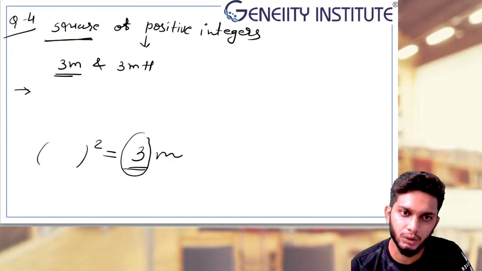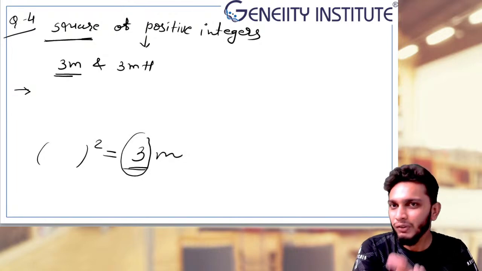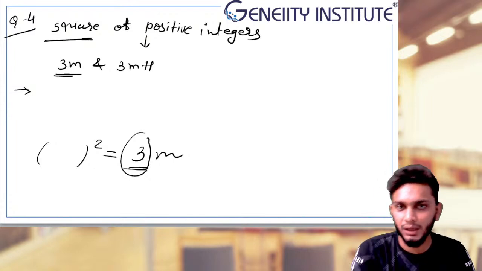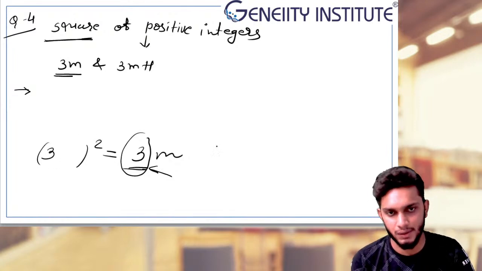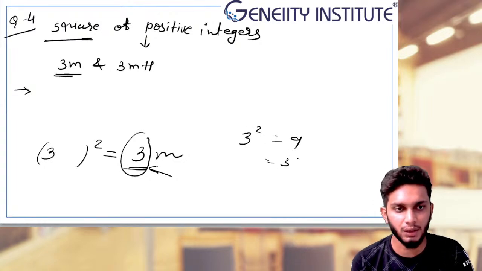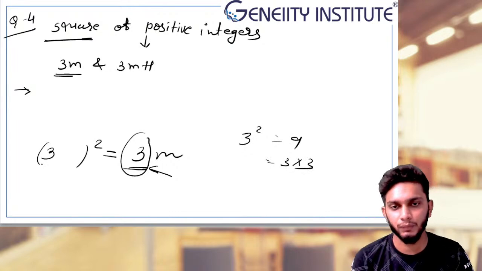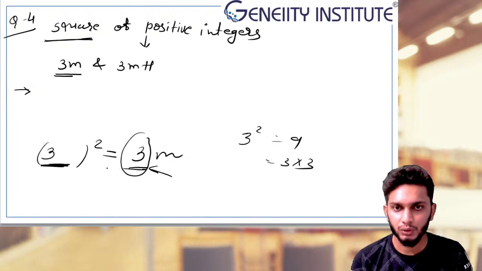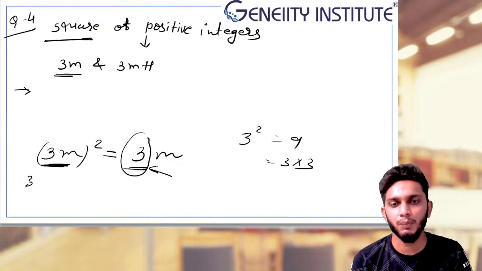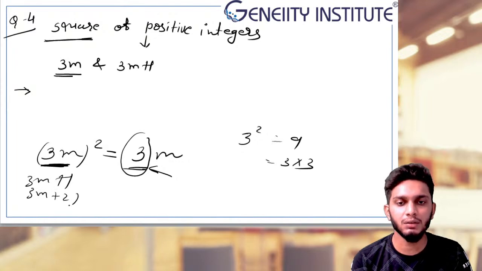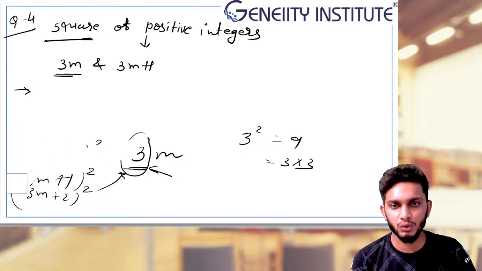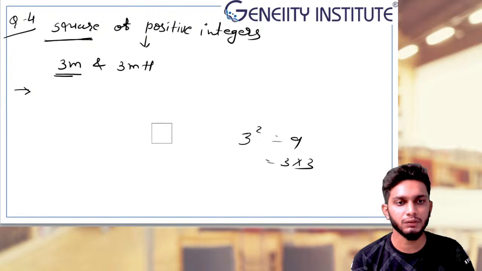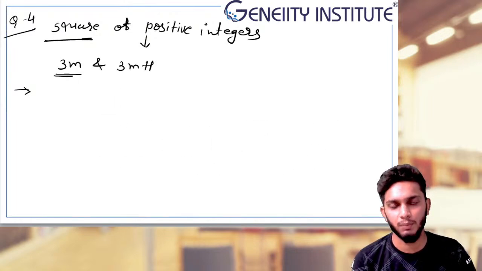Square of which number contains 3? You know 3 squared is 9, and 9 contains 3, so we need to take 3 here. So the number must be in the form of 3m, 3m plus 1 and 3m plus 2, because then the square contains 9 and 9 contains 3.